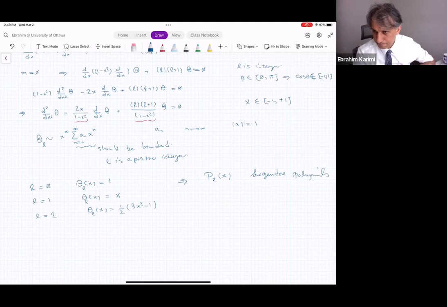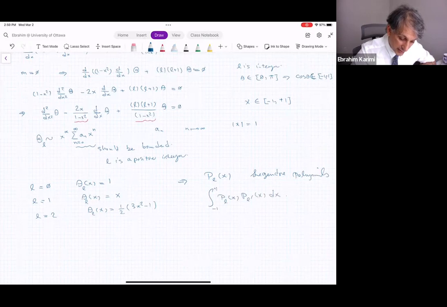All right. If you recall, we also said that Legendre polynomials are orthogonal in the interval of -1 to +1. So the integral of P_L(x) P_L'(x) dx is equal to, what was it?